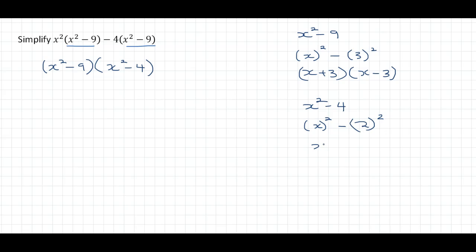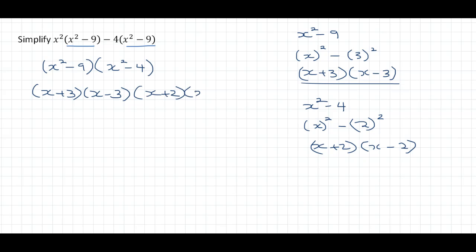So you now have x plus 2 multiplied by x minus 2. So now we're going to replace each of these terms with their factored form. So x squared minus 9 is x plus 3 multiplied by x minus 3, and then x squared minus 4 is x plus 2 multiplied by x minus 2. So that is how you do that.